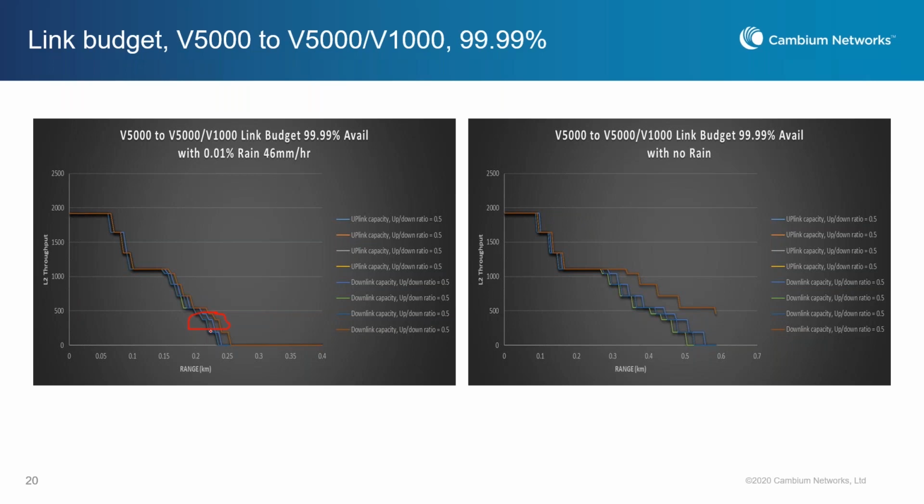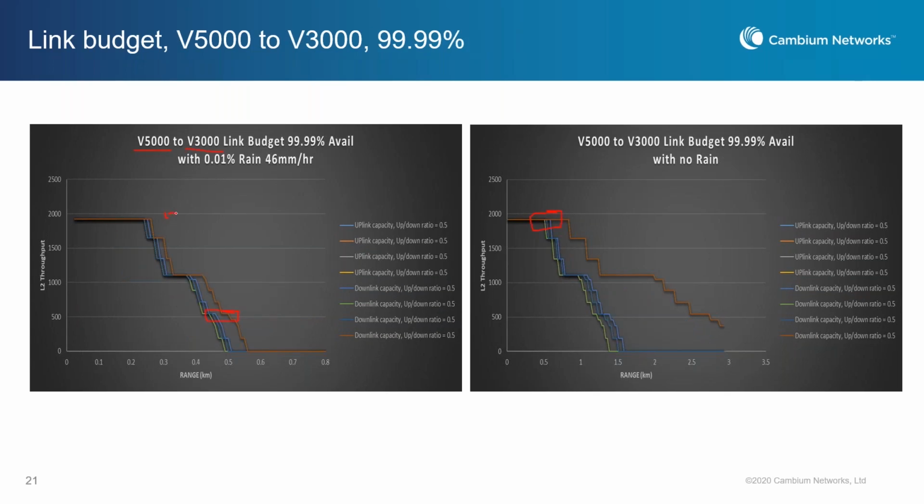This is MCS 12. Here is MCS 12 and here is MCS 9. MCS 9 gives you 1.1 gig per direction, and MCS 12 gives you 1.9 gigabits per direction. Further down here, it's MCS 5 and MCS 2. So this gives you the multi-point long range idea.